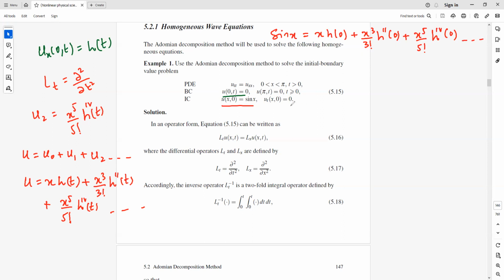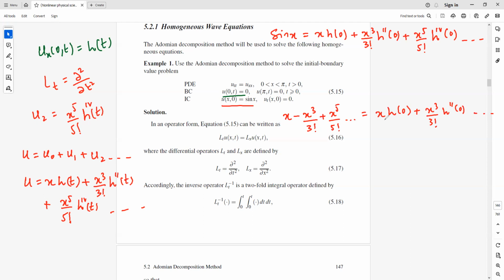And now sine x has the Taylor series expansion x minus x cubed over 3 factorial plus x to the power 5 over 5 factorial, and so on, equal to the right hand side.